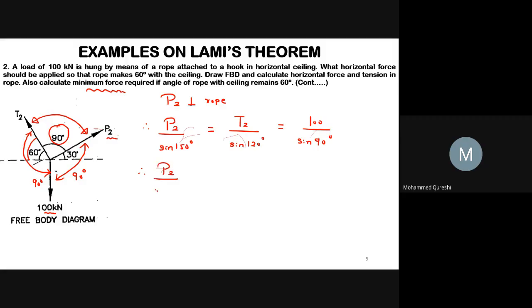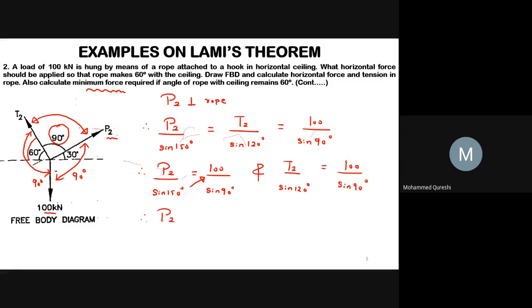Therefore P2 upon sine 150 degree equals 100 upon sine 90 degree, and T2 upon sine 120 degree equals 100 upon sine 90 degree. So your P2 will be 100 into sine 150 upon sine 90.